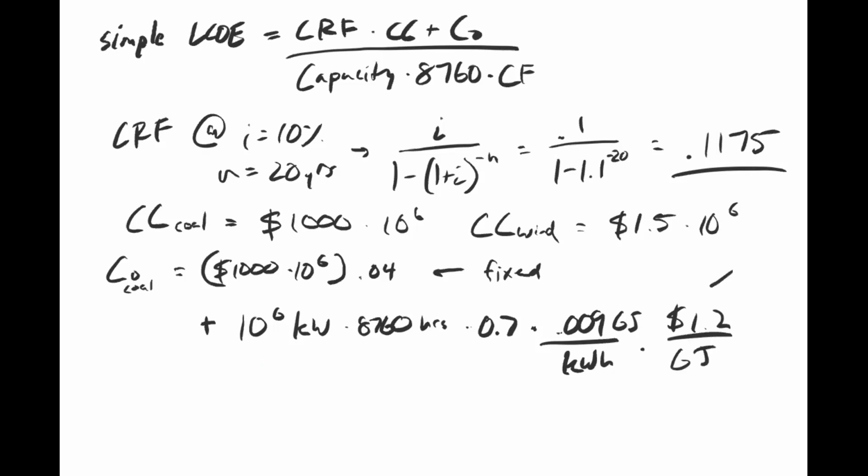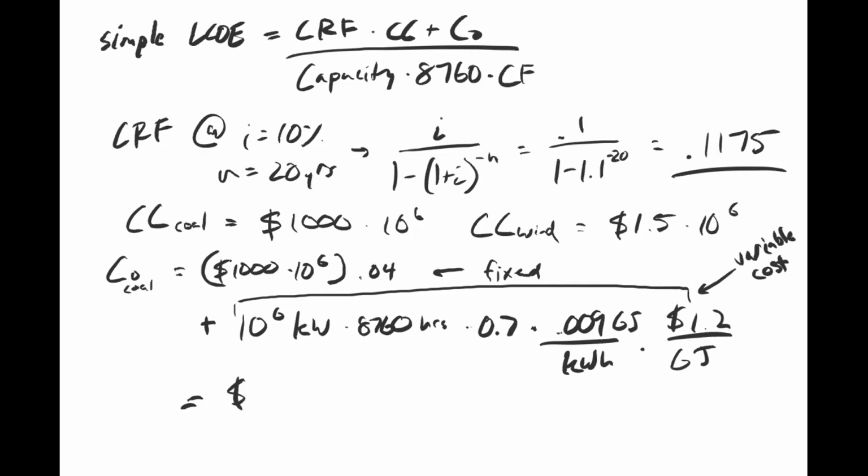And so this whole thing here is the variable cost. And if I add up all of that, that's going to be 106,225,600. Okay.